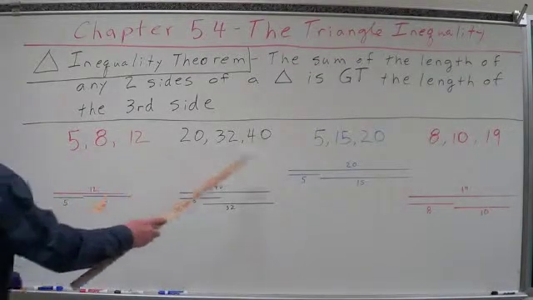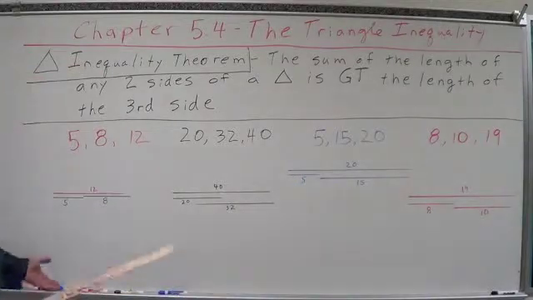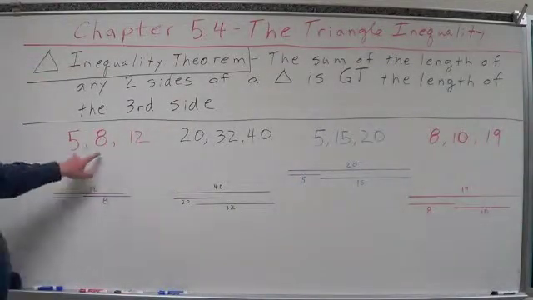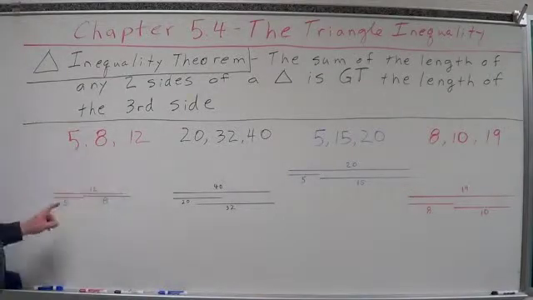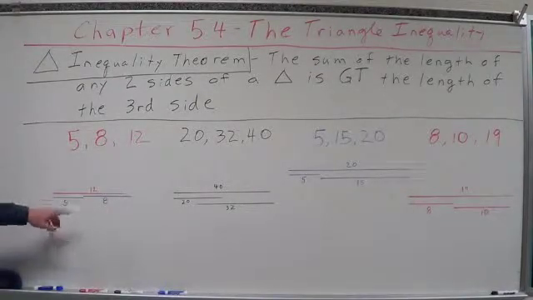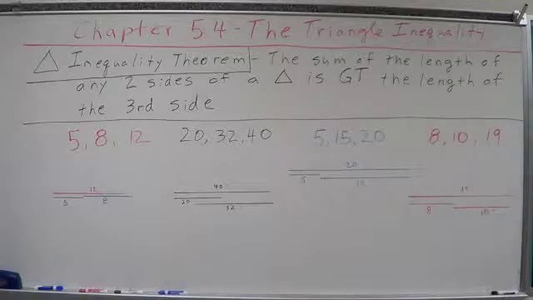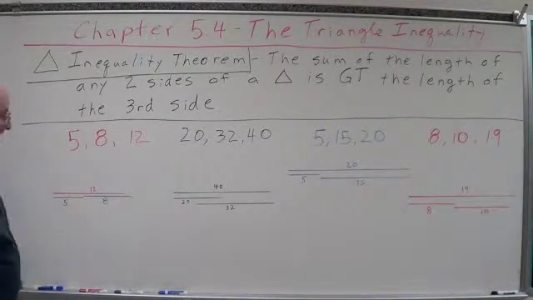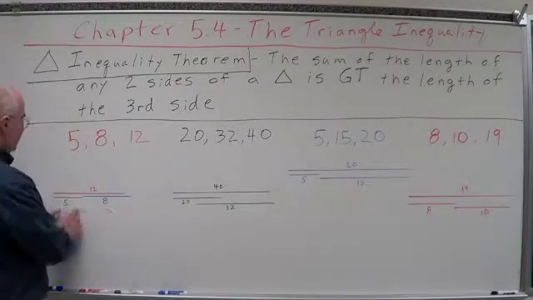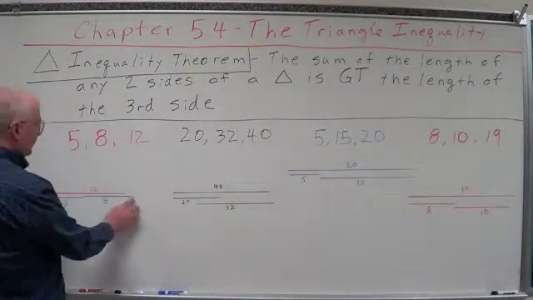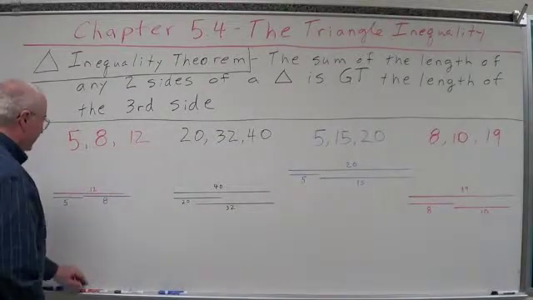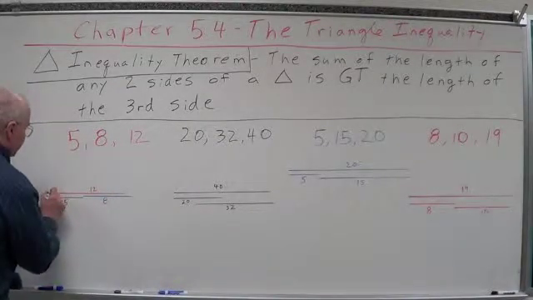We've got 4 different sets of lengths of sides of triangles here, 5, 8, and 12. Notice this red segment is 12 long. If I have a 5 and an 8, as those come together, they're longer, so if I put this end there and this end there, it's going to tilt up, but not very far.